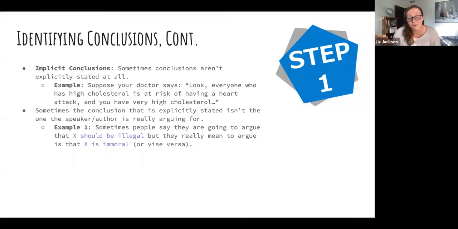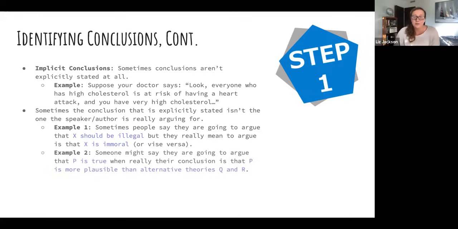And I've also seen the reverse, where people say, I'm going to argue this is immoral, and they're really just giving arguments that it should be illegal. Another example I've seen is people say, I'm going to argue that some theory or proposition is true. And then what they're really arguing is just that the theory is more plausible than some alternative theories, maybe Q and R. So the conclusion is actually weaker than the conclusion that they state.